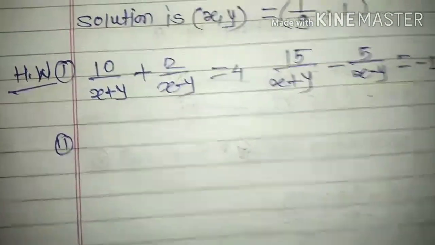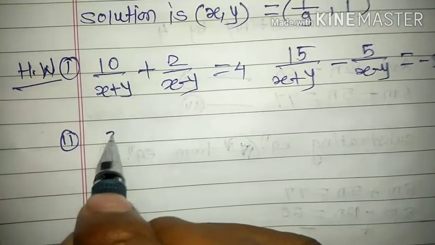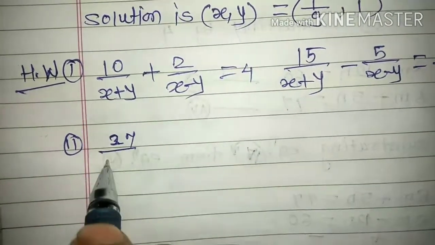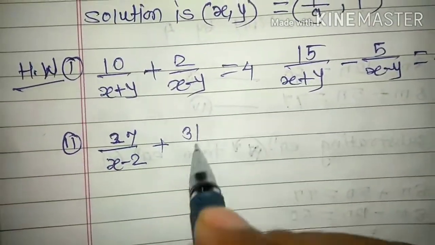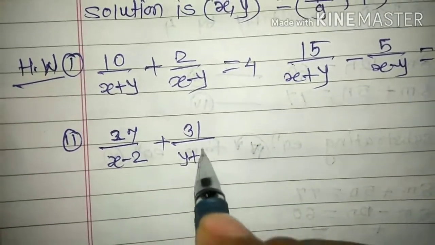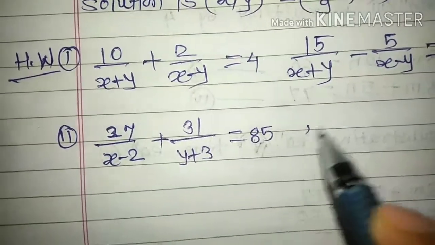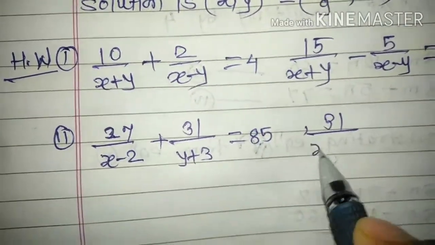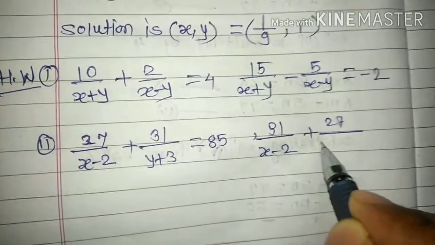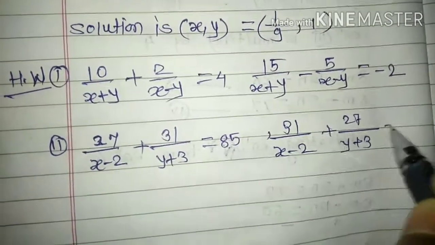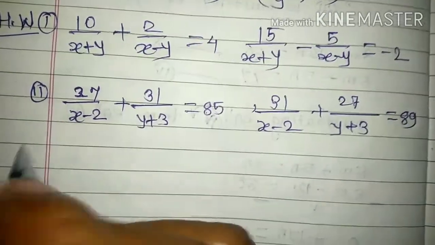And second example: 27 upon x minus 2 plus 31 upon y plus 3 is equal to 85, then 31 upon x minus 2 plus 27 upon y plus 3 is equal to 89. These two examples are to be solved as homework.